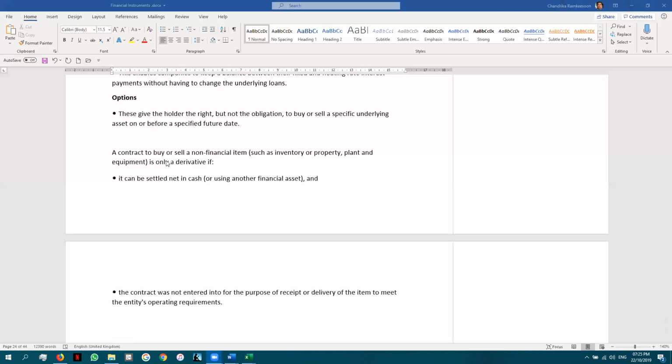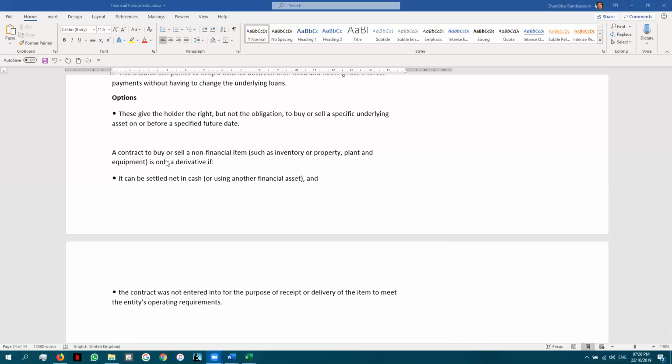You see, what we are saying there is this. In this case, the contract was not simply to buy a piece of equipment, full stop. The entity is actually entering into a transaction, which is a true derivative transaction, in order to make money, but the property, plant and equipment and so forth is being used as the underlying. That's why you were told here it can be settled net in cash. I said I'll explain what that is.